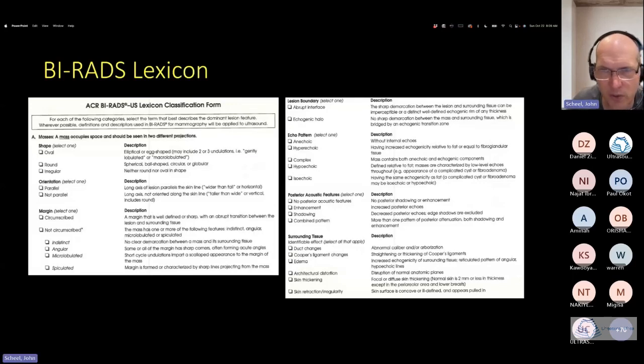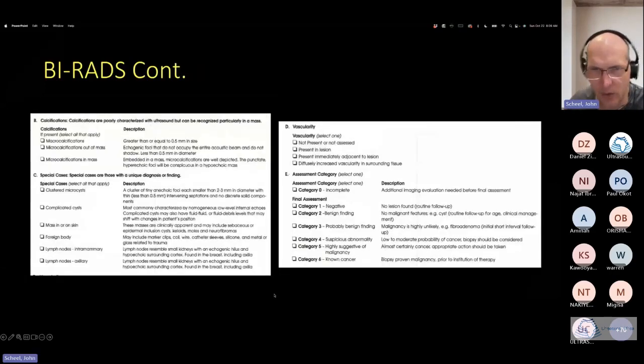However, in most countries, there are not specialists that just do breast ultrasound or breast imaging. And here's the second group, where you have calcifications and special cases, and then vascularity and assessment and management.